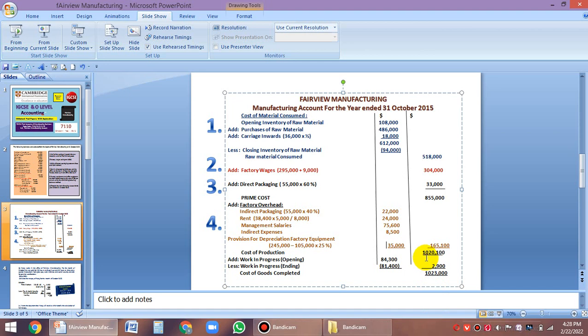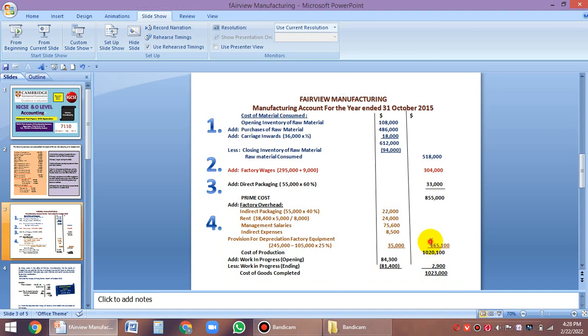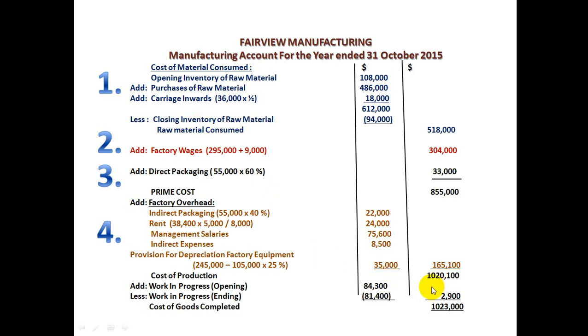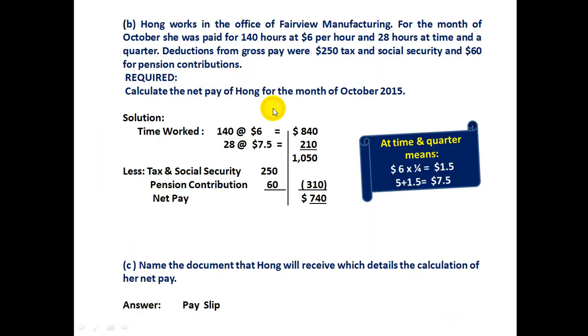So this line should not be given here. Okay, so finally the cost of goods produced is completed by adding the difference of work in progress opening and ending, and cost of goods completed for Fairview manufacturing is $10,23,000. This was the first requirement.